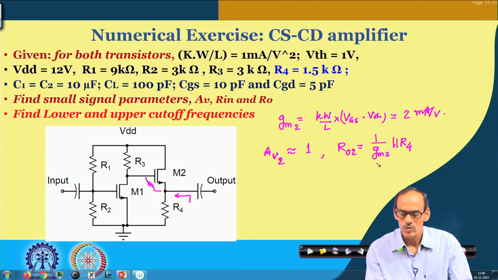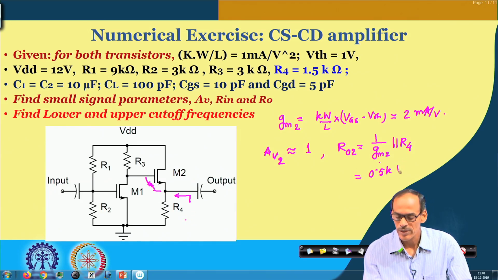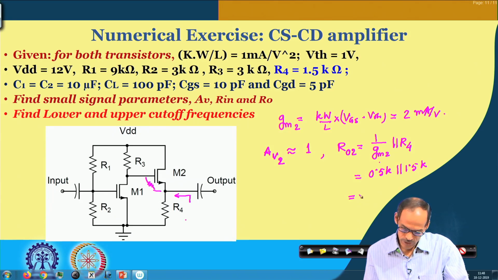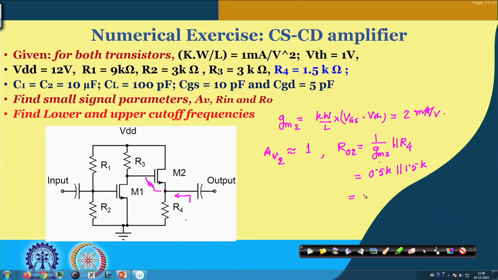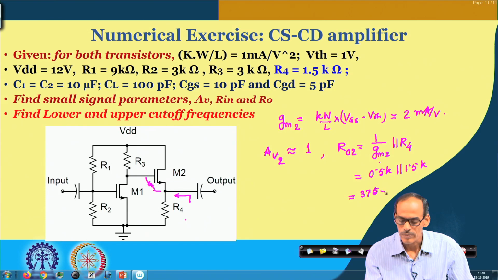So, 1 by GM 2 is 0.5 K, and R 4 is 1.5 K. So, that gives us 375 ohm.